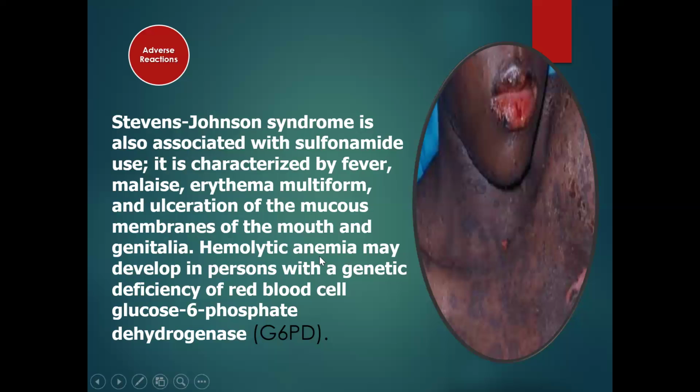Septrin can also lead to hemolytic anemia in persons with G6PD, that is glucose-6-phosphate dehydrogenase deficiency, which is an enzymopathic disease, which we have dealt with in one of the sections when we looked at certain deficiencies.